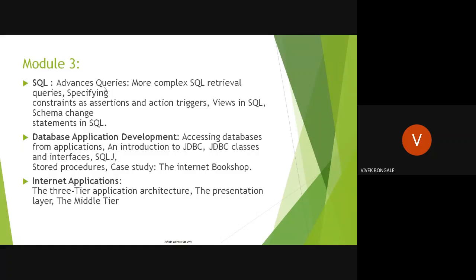Here in the third module, we're going to see the advanced queries: more complex SQL retrieval queries, specifying constraints as assertions, and action triggers. In more complex queries, we're going to see nested queries, correlated queries, and some of the keywords, and how we use them in complex queries. All of this we're going to see in the third module, the first chapter, SQL advanced queries.